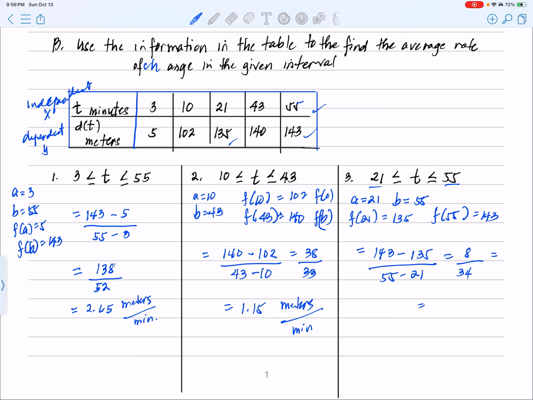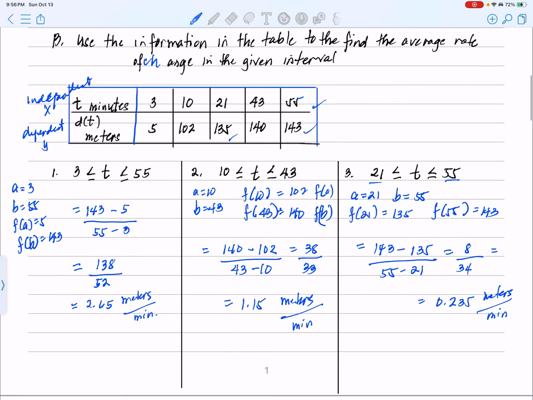So when you divide, you come up with 0.235. Yeah, meters per minute. Okay, that's it. That is an easy one. All right, let's do this.